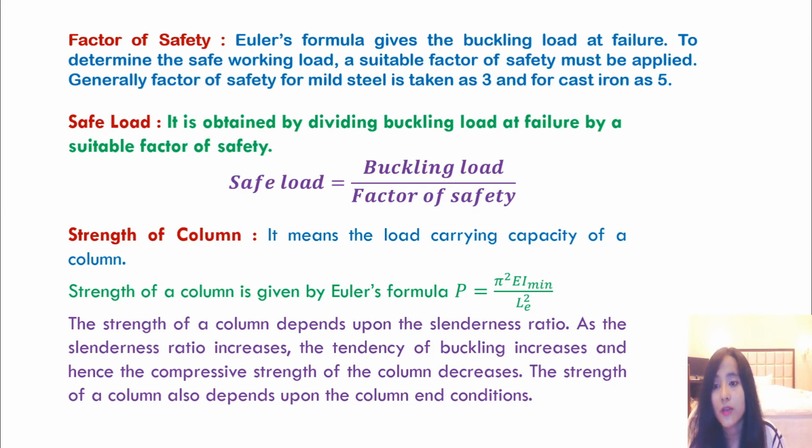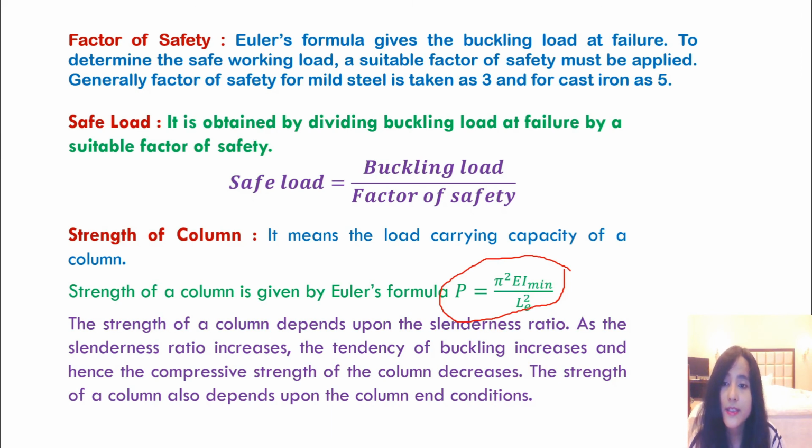Okay. Now let us see what you understand by strength of column. Strength of column means the load carrying capacity of a column, meaning how much load a column can take. So the strength of the column is given by Euler's formula, it is given by this formula, and the strength of column depends upon the slenderness ratio.